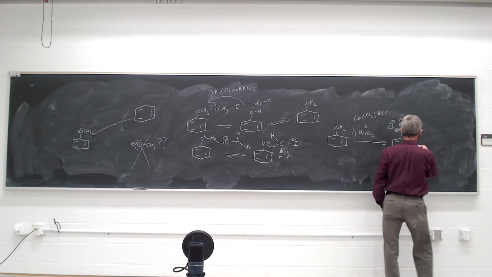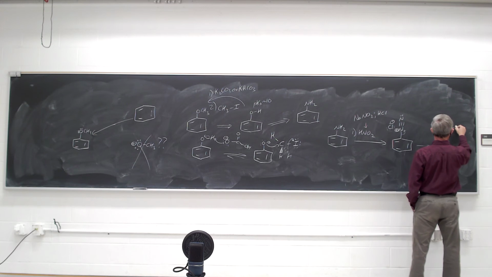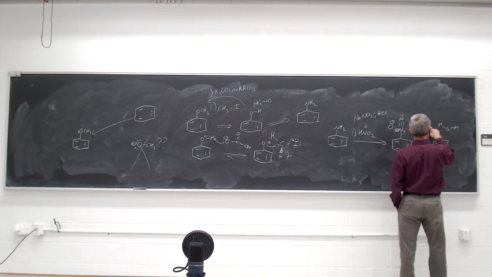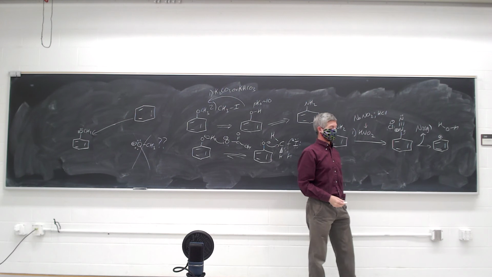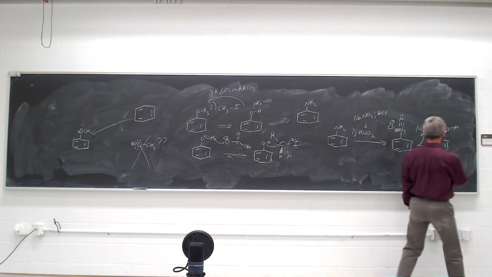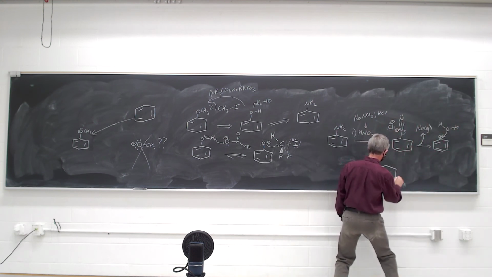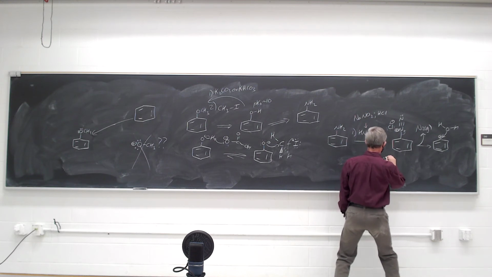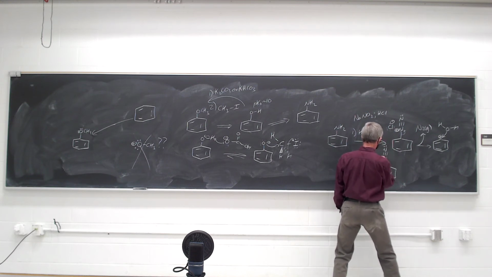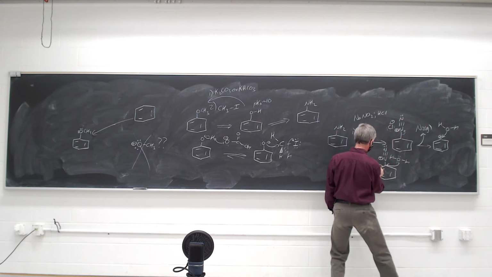It may just fall off to form a positively charged ring, which can then get attacked by water, because N2 gas is an excellent leaving group. So it may just fall off, or it may be that water attacks first, and then the nitrogen falls off. Right? Because you can imagine that with that powerful electron withdrawing group here, this position could be subject to nucleophilic attack. So water could come in and do this.